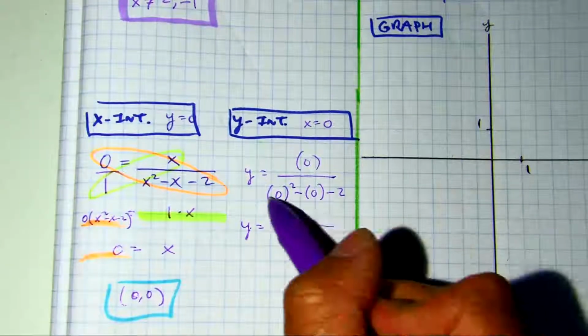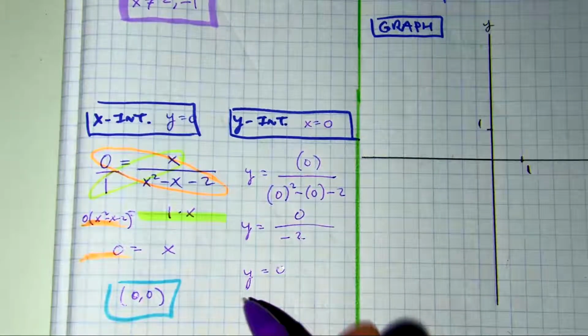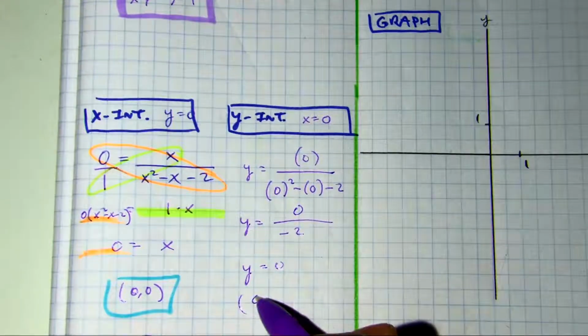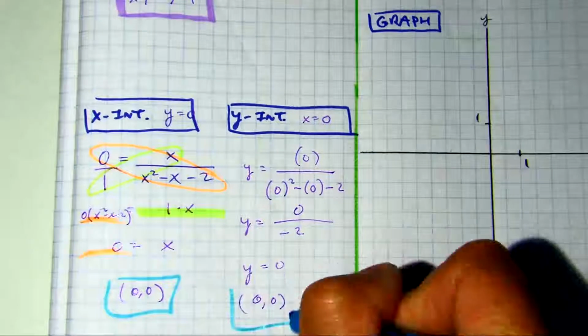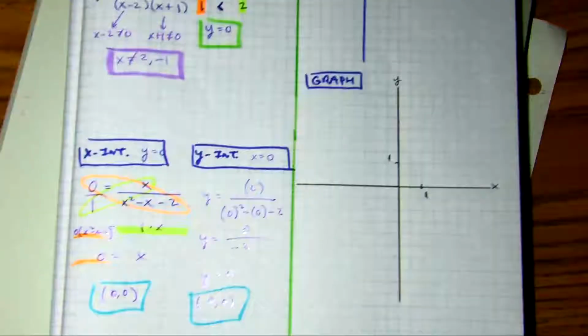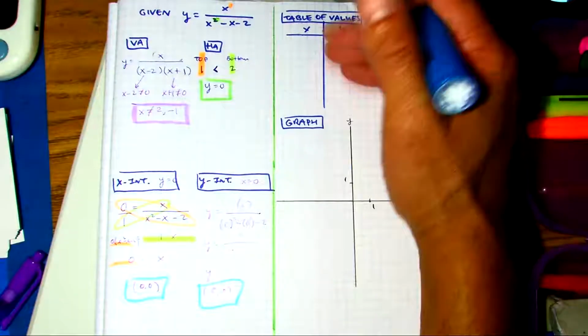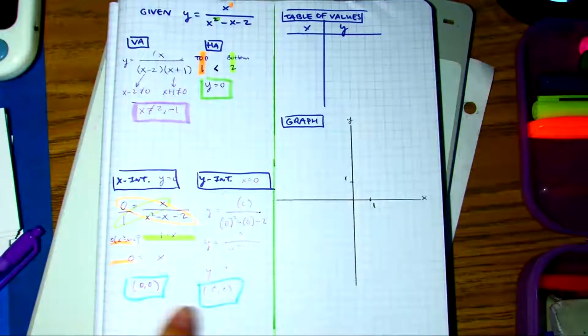Denominator? Answer? Ordered pair. Raise your hand if you got that. All right. Let's put the information that we know, and then this will kind of give us some clues about the table of values. Okay. So x and y intercept are both at the origin.